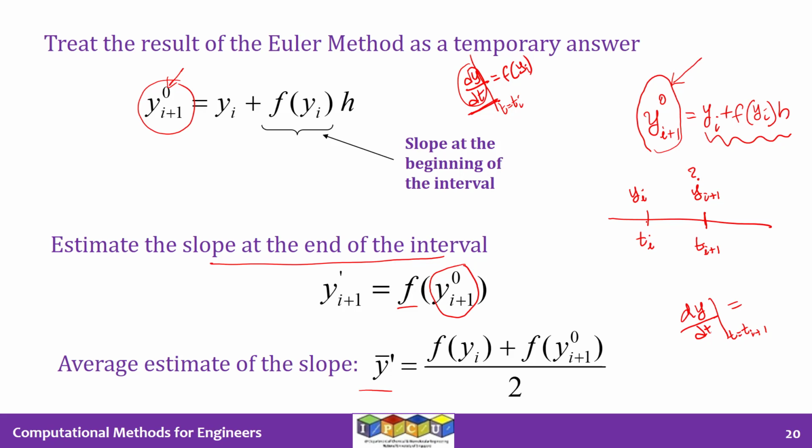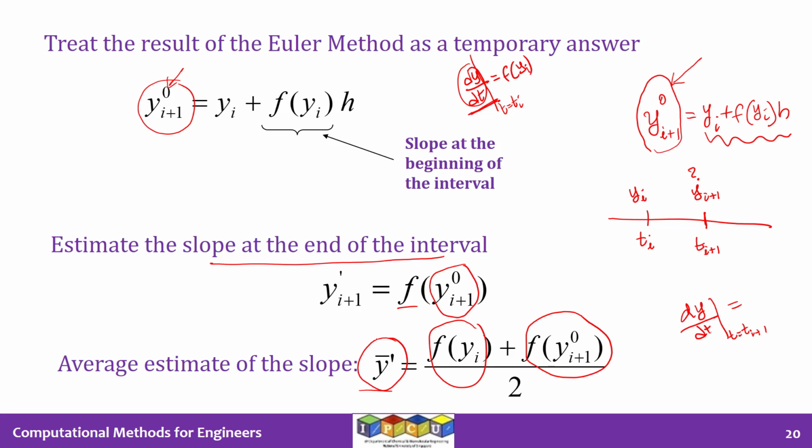So instead of just using the slope at the beginning of the interval, which the Euler scheme does, what we are doing in Heun's corrector step is we are saying the true slope of the function over this interval t_i to t_{i+1} is the average of the slope that I know at t_i and the slope I have estimated at t_{i+1} using the Euler formula. Therefore, the average of these two slopes is the average estimate of the slope.